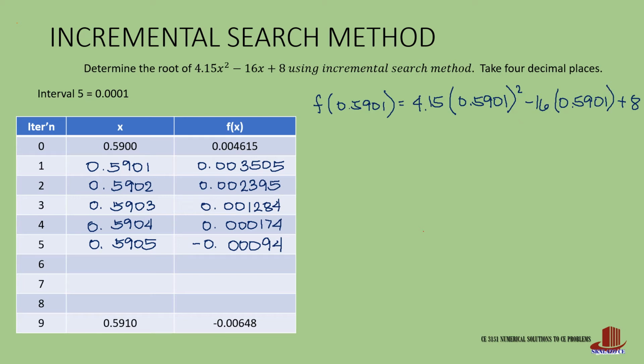How are we going to find our root in 4 decimal places for the function? We are going to compare our f of x, which would be closer to 0. At this point, we can say that the value of f of x coming from 0.5904 would be closer. So our value, the root of x, would be taken as 0.5904.